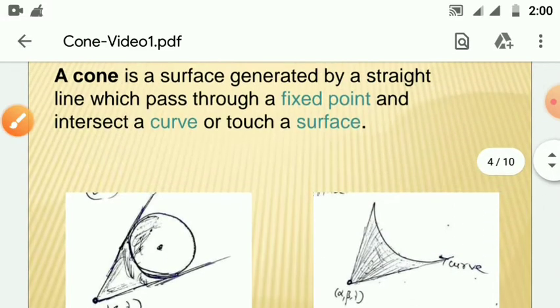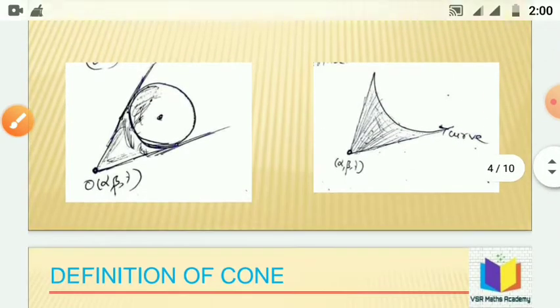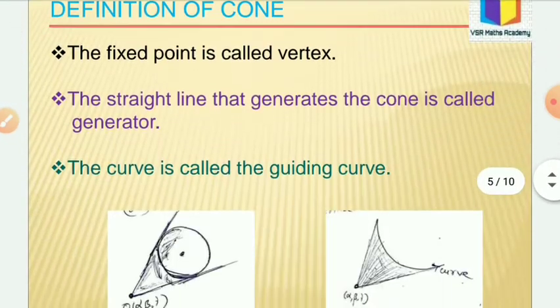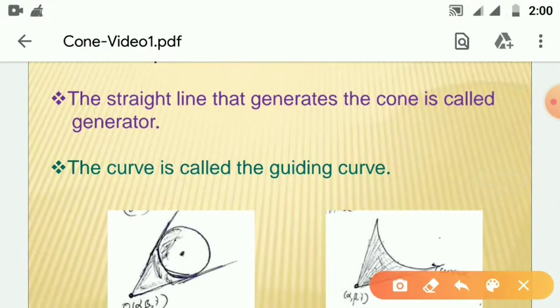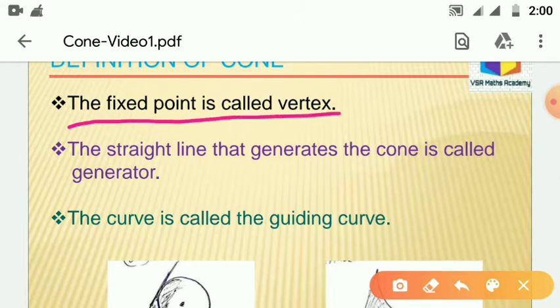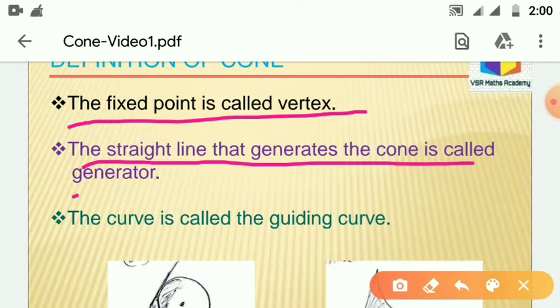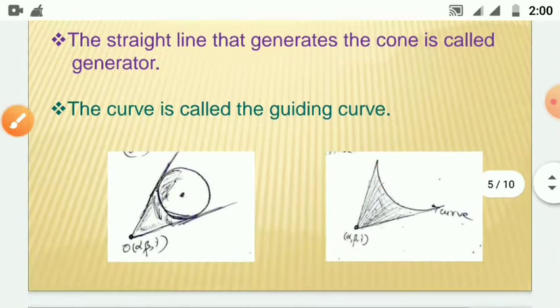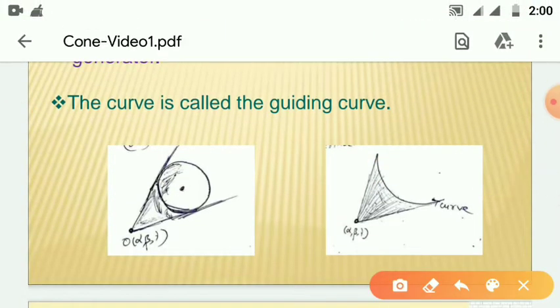In each case, what are the components of a cone? See this. The fixed point is called the vertex. The straight line by which the cone is generated is called the generator. And the curve is called the guiding curve. For example, here you can see O is the fixed point.